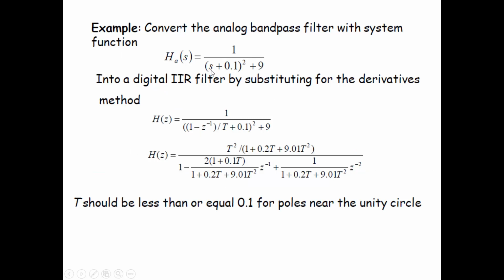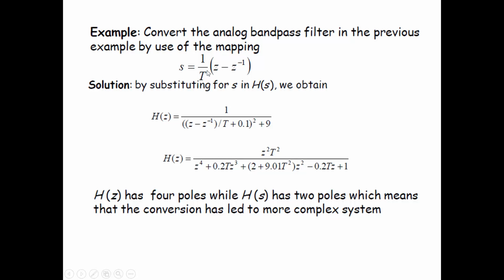We replace S with the mapping S equal to 1 by capital T (Z minus Z to the power minus 1). By substituting for S in H(S), we obtain H(Z) equal to 1 over ((Z minus Z to the power minus 1) divided by T plus 0.1) square plus 9, and we get this expression, the equivalent digital filter transfer function.